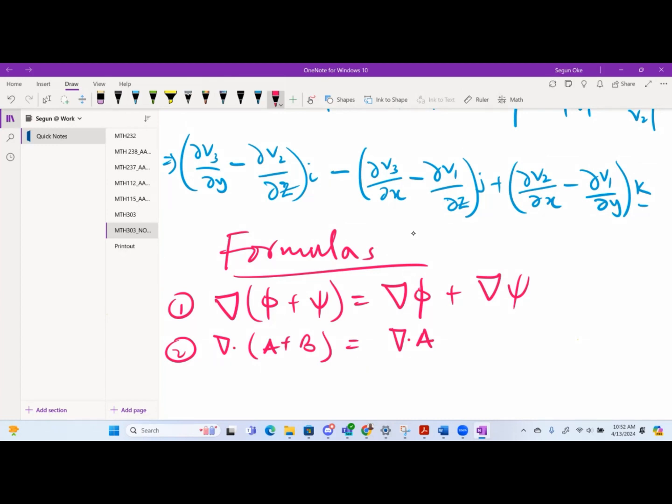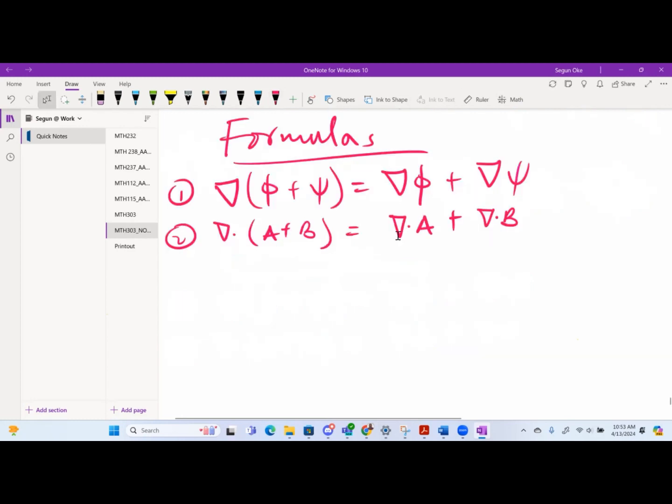The first one is not a dot, it's just a multiplication, but the second one is a dot. Don't write A dot del, it is not the same thing. Please take note. We proved it last time.